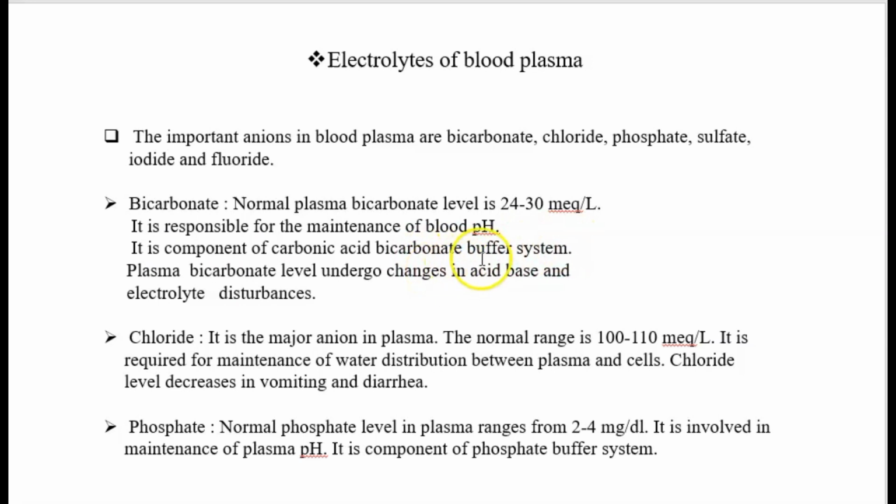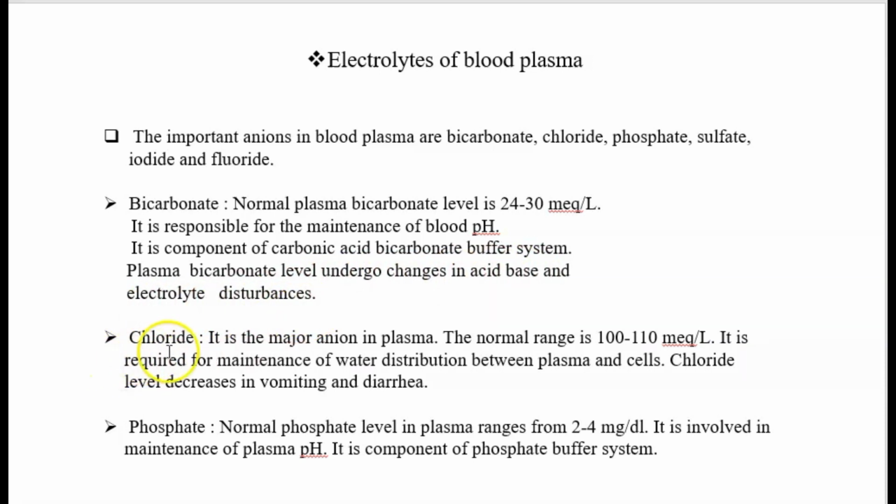When we're talking about the bicarbonate buffer system, we're talking about the extracellular, which gives a normal pH of the body of 7.4. So carbonic acid and bicarbonate are all components of this buffer system. The plasma bicarbonate level undergoes changes in acid and electrolyte disturbance.